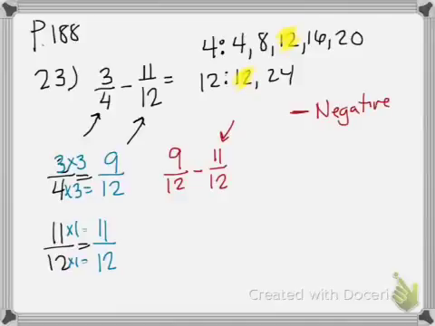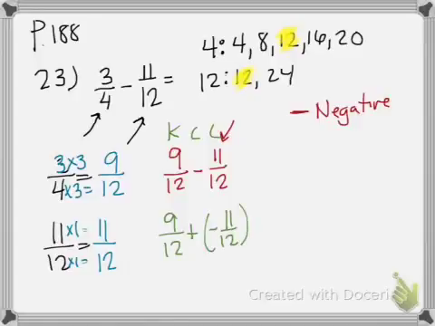I'm going to draw it out the way I would in class. The first thing we do is we have a subtraction problem, so we're going to change it into an addition problem using keep, change, change. So our new problem is 9/12 plus negative 11/12. Now all I need to do is draw my positives and negatives.